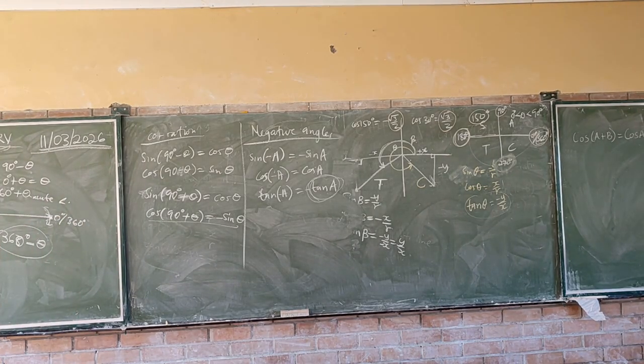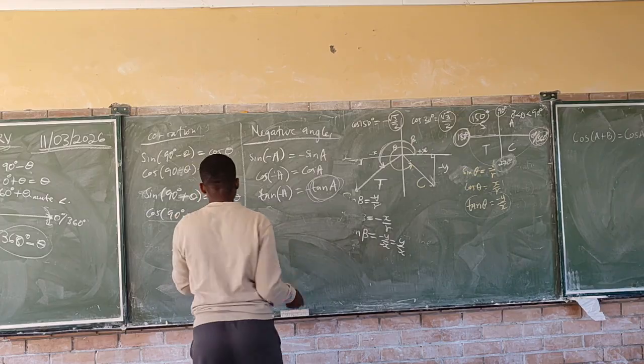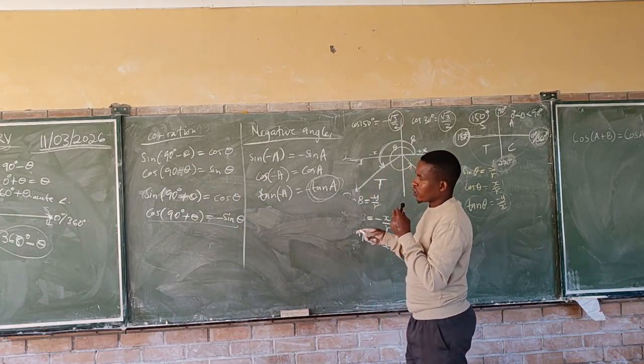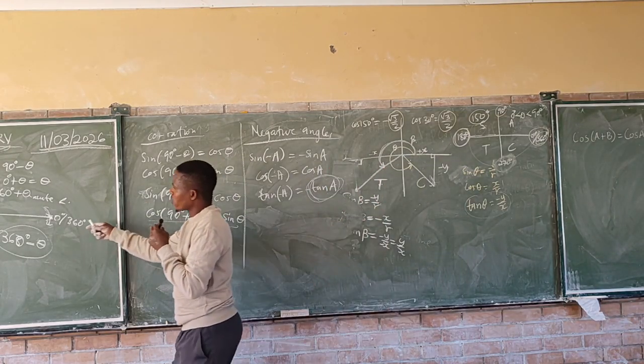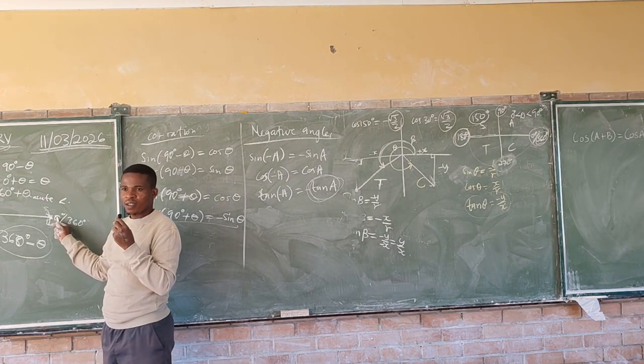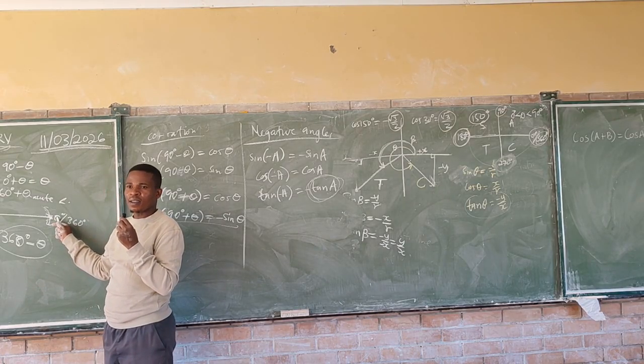Yes, it's correct. The method is correct, but you must do it with understanding. Agree, when you say negative A or negative 10, of course you can put your angle there. Then when you put your angle, what is negative 10? Which quadrant is it in?